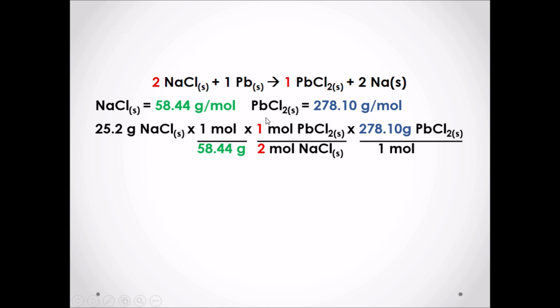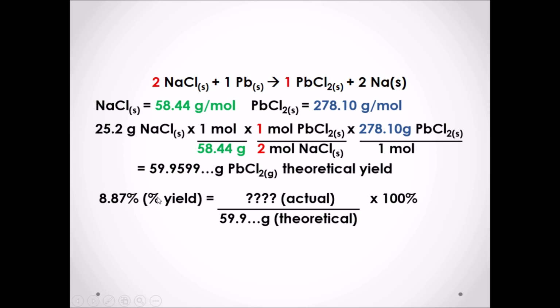Then we can times the moles of PbCl2 by the molar mass of PbCl2 to get our answer into grams of PbCl2. The theoretical yield is 59.9599 ... grams. Remember, do not round this value yet.